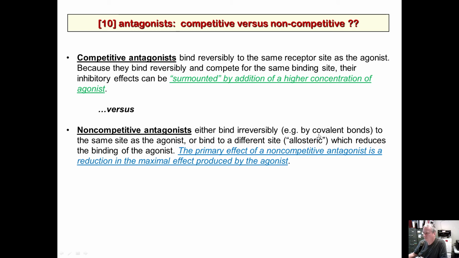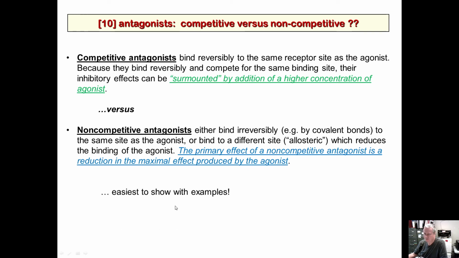So they might bind irreversibly to the same site, and it reduces the binding of the agonist permanently through a covalent bond. The primary effect of a non-competitive antagonist is reduction of the maximal effect. So that'll actually decrease the maximum response. You can't reach 100% response anymore with an agonist.